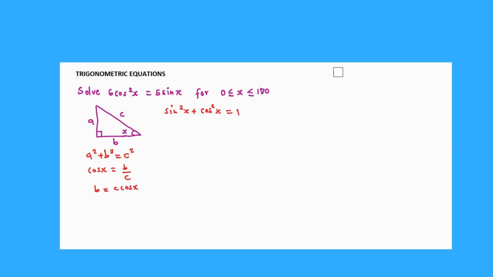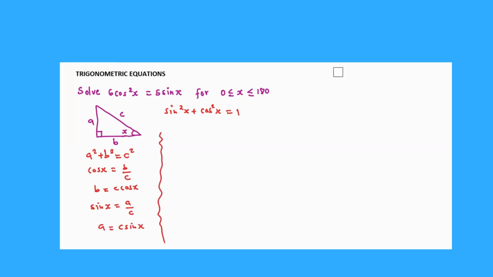And then we go ahead and get the sine of x is equals to opposite to angle x. The opposite is a, over hypotenuse. So we get the value of a as c sine of x when we cross multiply. Good.